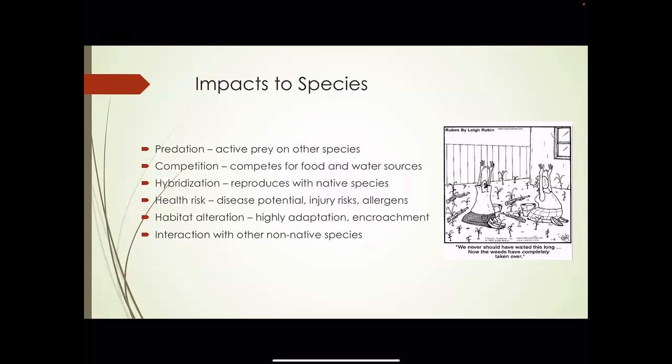An example here that I wanted to bring up is probably a little bit more of a benefit of an invasive species. I've personally seen areas where wild pigs would come in, root up an area, and leave it pretty much barren.